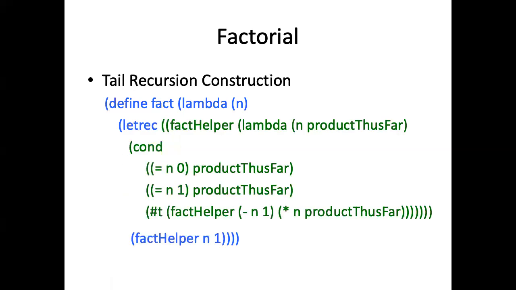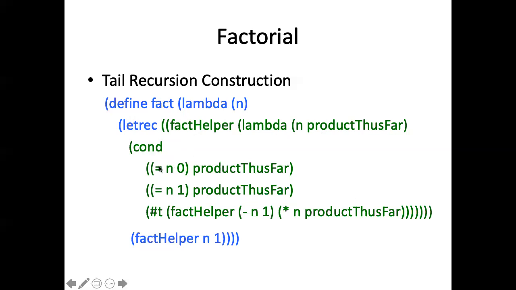It's perfectly okay to have a helper function in your homework assignment. And so it's a letrec because it's a recursive function. Tail recursion, remember, uses continuation arguments, so we're going to be building up the product as we go along. It's going to look more like an iterative version of factorial.